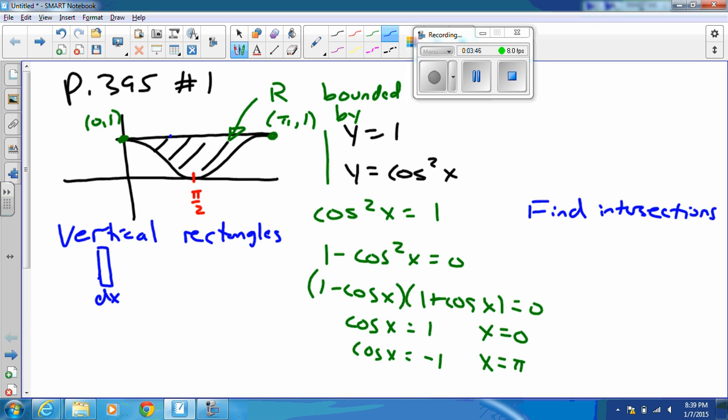and their height is going to stretch from the top curve down to the bottom curve. In other words, the height is going to be top curve minus bottom curve, which is going to be 1 minus cosine squared x in this particular case.